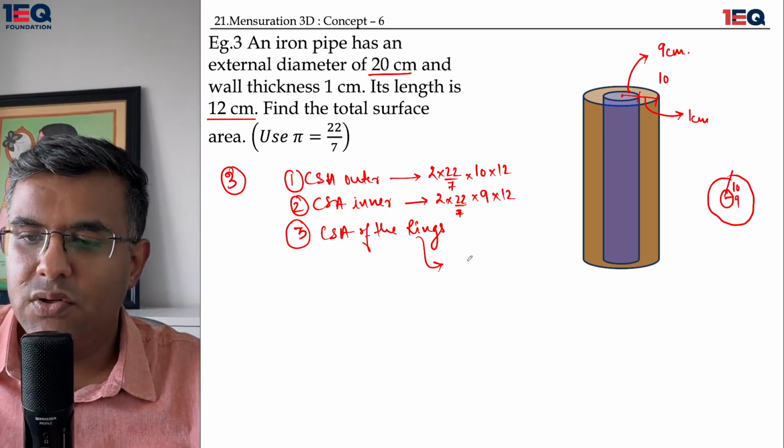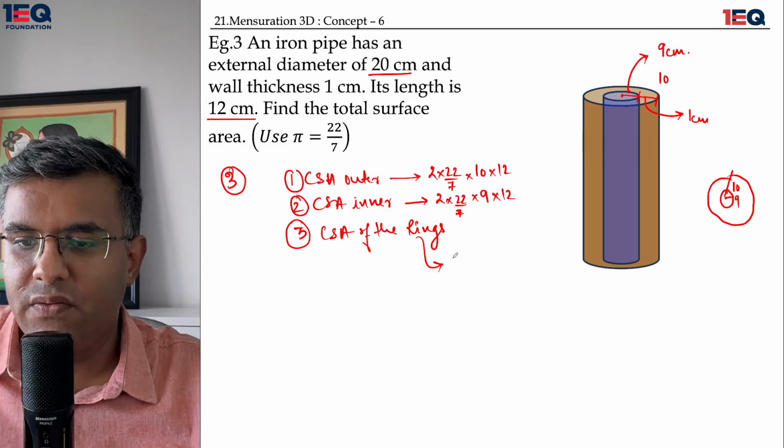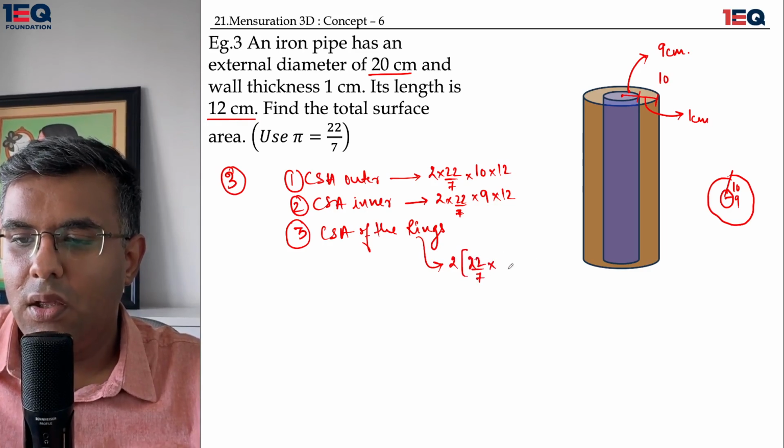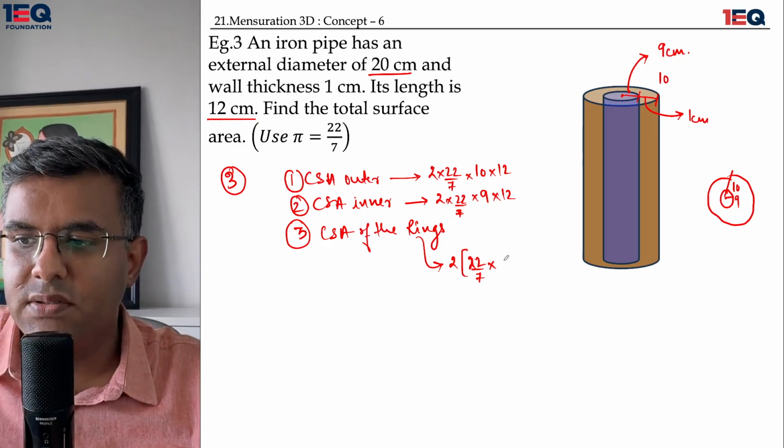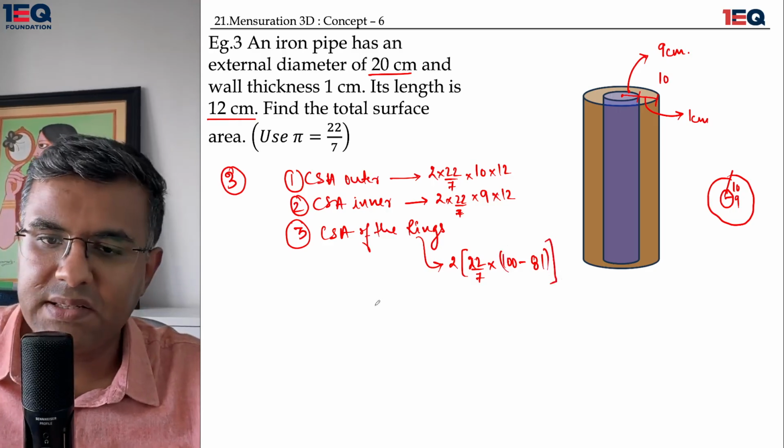10. So, the formula which we'll be using over here is 2, because of 2 rings, multiplied by pi capital R square minus small r square. Capital R square is 100 minus small r square is 81. So 100 minus 81.